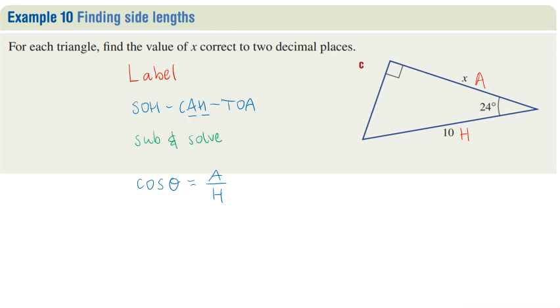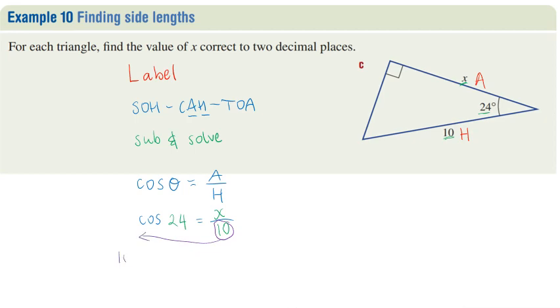So the angle for this triangle here is 24. The value of the side with A is x, and my hypotenuse is 10. Last step, I then solve, so I'm going to multiply this 10 to the other side.